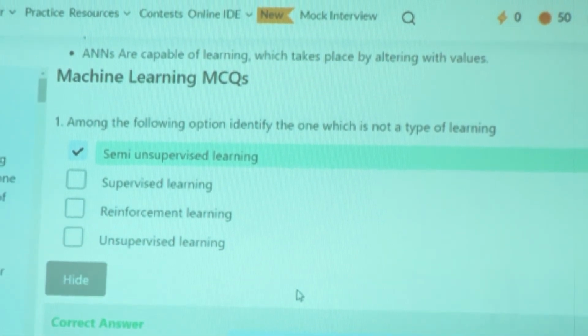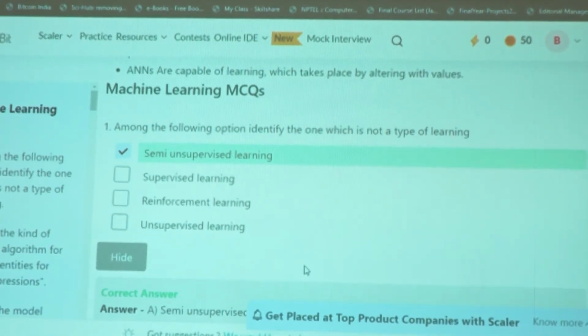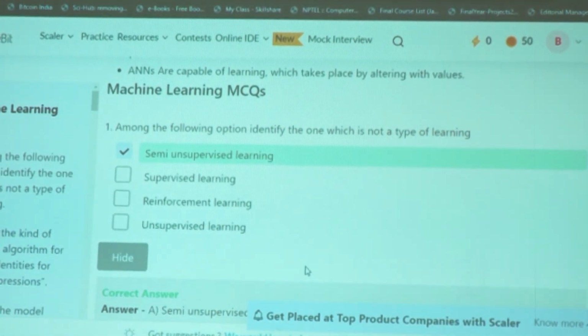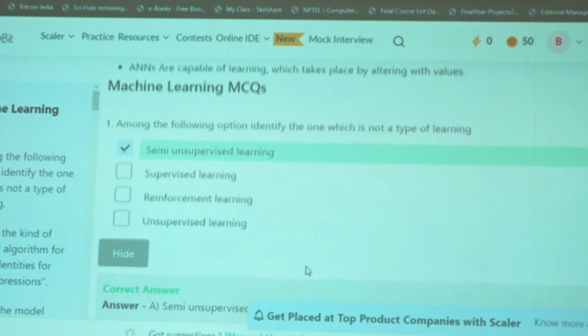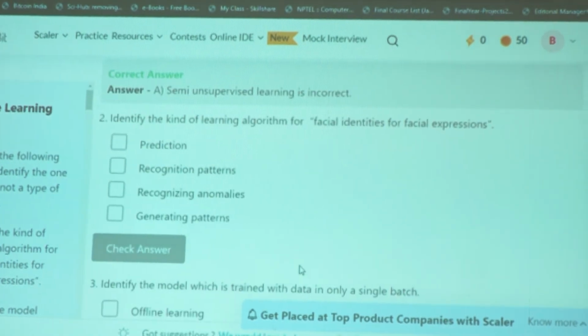There is no semi-unsupervised. Semi-supervised is available, but not semi-unsupervised. Supervised, unsupervised, semi-supervised and reinforcement are the 4 types, but there is no semi-unsupervised. So go to the next one.